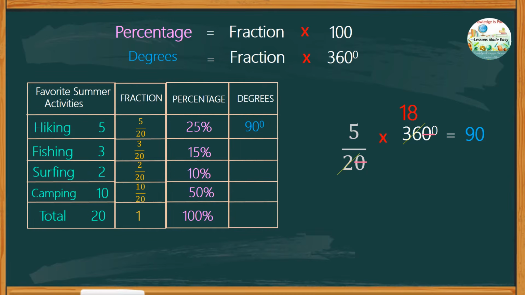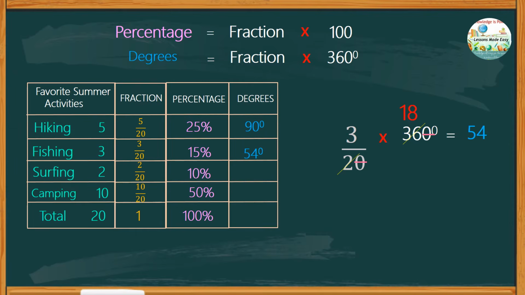Do the same with the next. For fishing, we have a fraction of 3 over 20, or simply change 5 to 3. Then multiply 3 by 18, where we get 54 or 54 degrees. We don't have to do much for surfing.